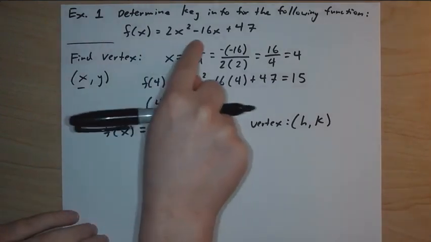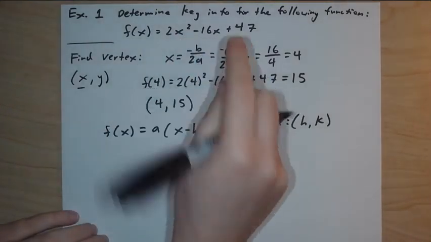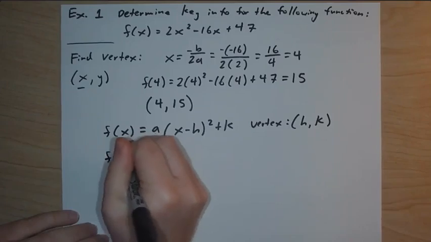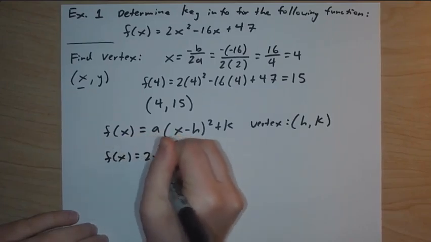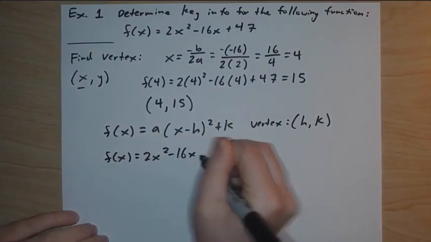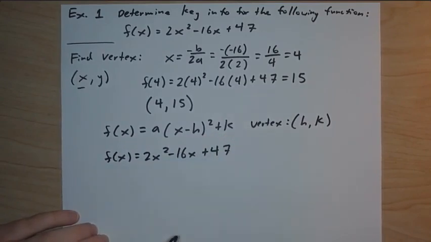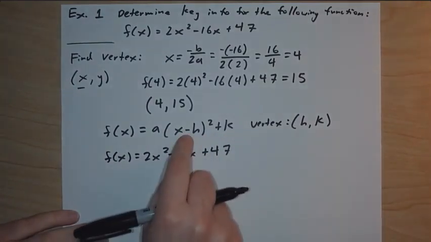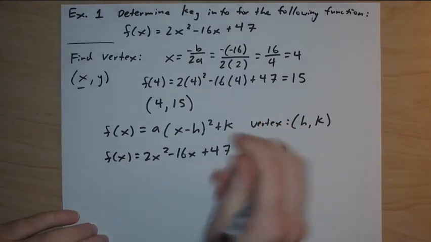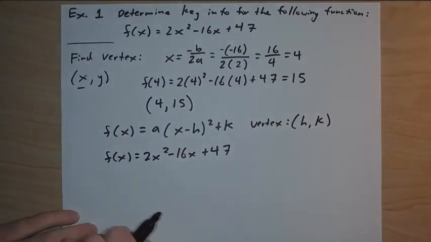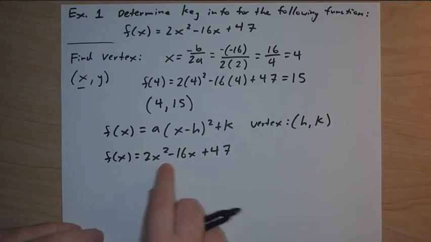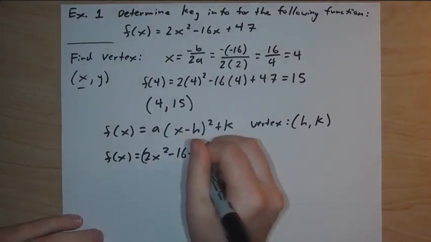So we have f of x is equal to 2x squared minus 16x plus 47. I'm just going to write that here. What we need to do is find a perfect square. We need to get a perfect square in here somehow. So I'm going to group off our x's here.